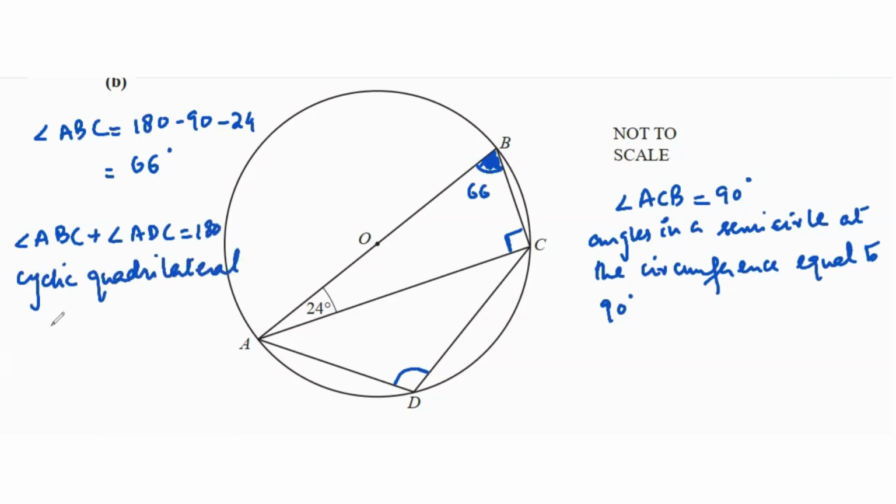Hence, we can do 66 plus angle ADC equals 180. So angle ADC is going to be 180 minus 66, which is going to equal 114. That is your answer.